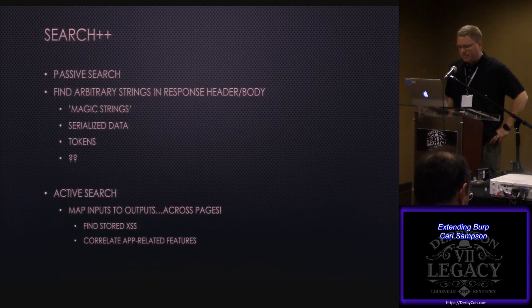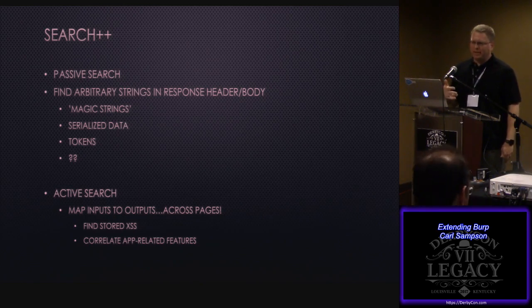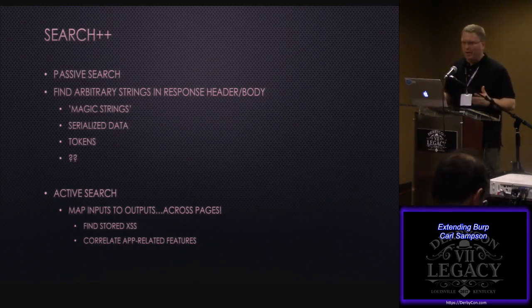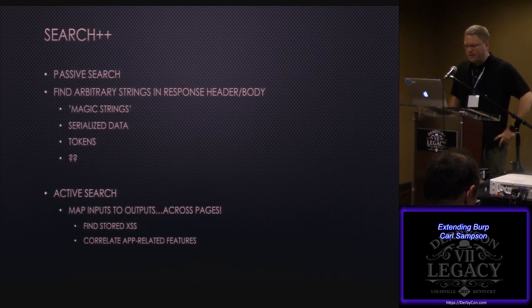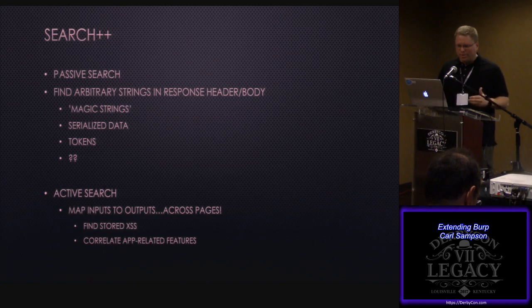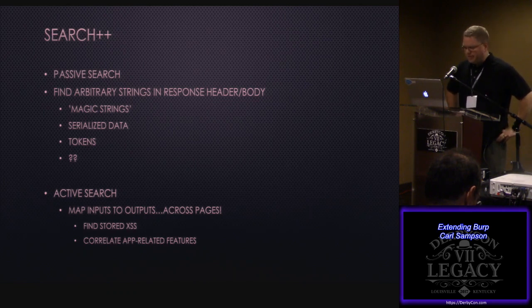For example, with stored cross-site scripting, you may find one place that is input and then displayed, but some other path in the app that you didn't even know about also displays it, and that's not handled correctly there. So if you're doing an assessment and you don't have the source, you could just use this to do that, and also correlate where data is input and output, because a lot of times developers can't even tell you that. So that's the active part of this extension.